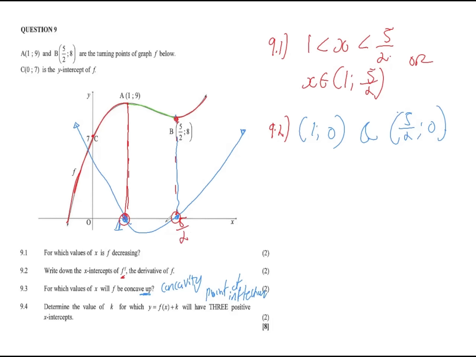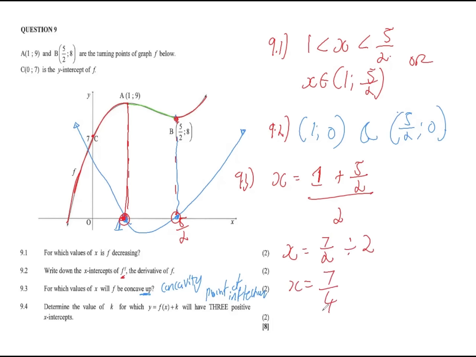So we have 1 and then 5/2 here. We calculate the midpoint of those x-intercepts, that's 1 plus 5/2, over 2. When we punch all of this into our calculator, we get 7/2 divided by 2, and this is going to be 7/4, right?